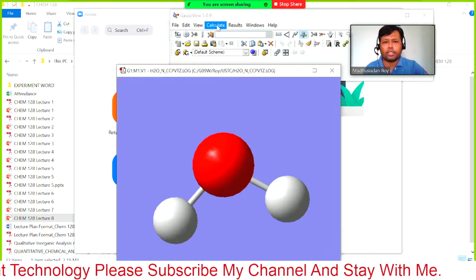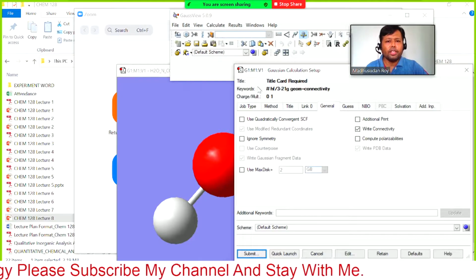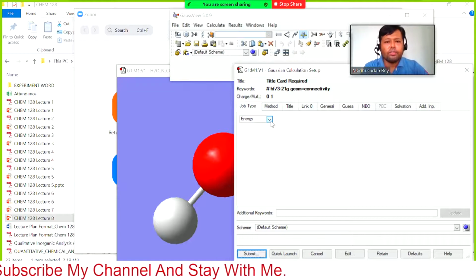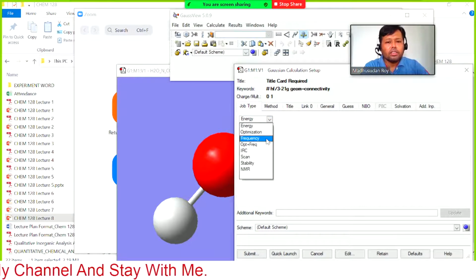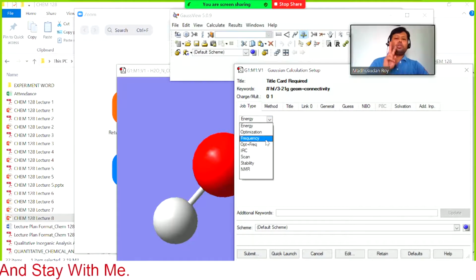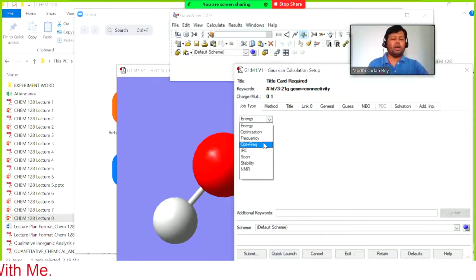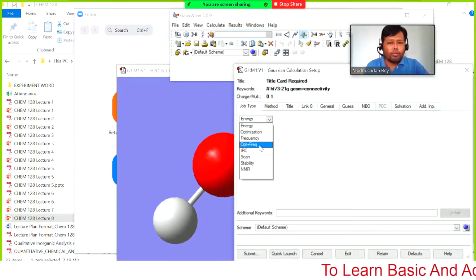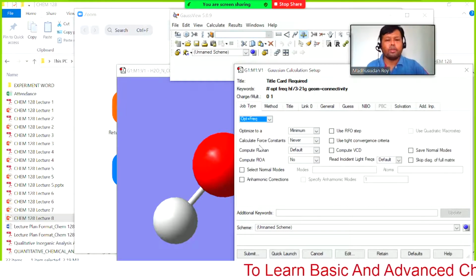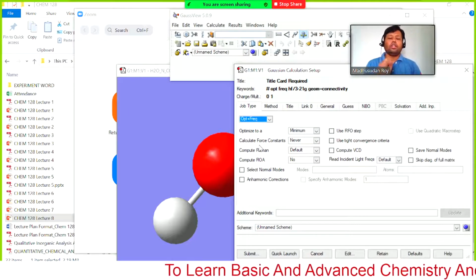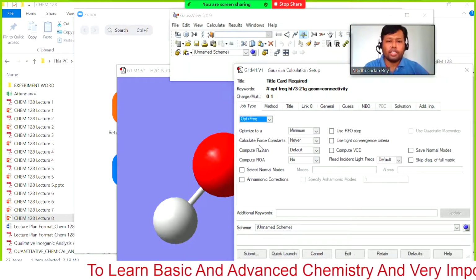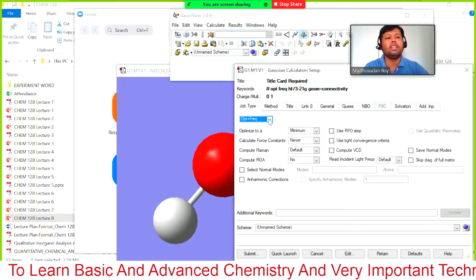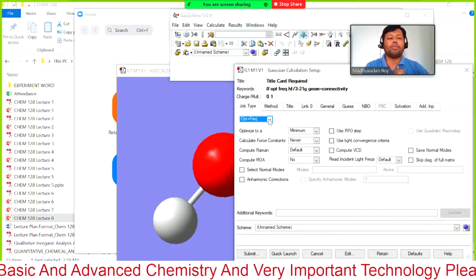So calculate, Gaussian calculation. For job type, you can get two different types of energy: optimization, and I am going to use the same thing I mentioned previously, optimization frequency, because I have shown you. If I use this optimization frequency, we will get one type of ionization energy.